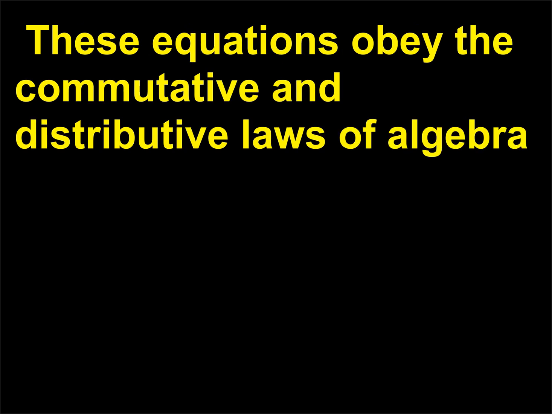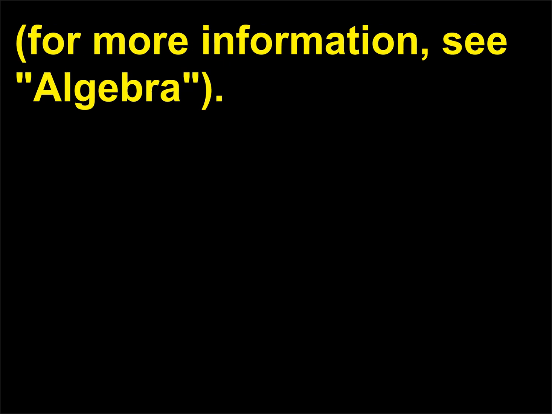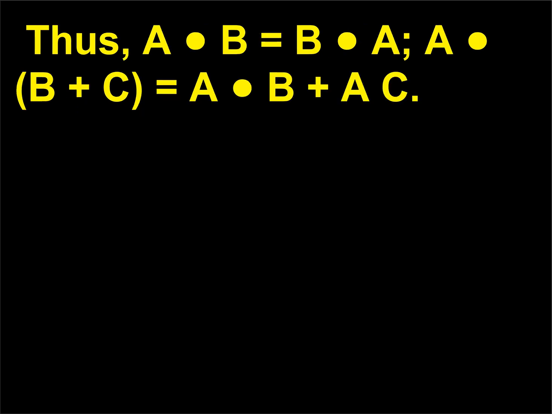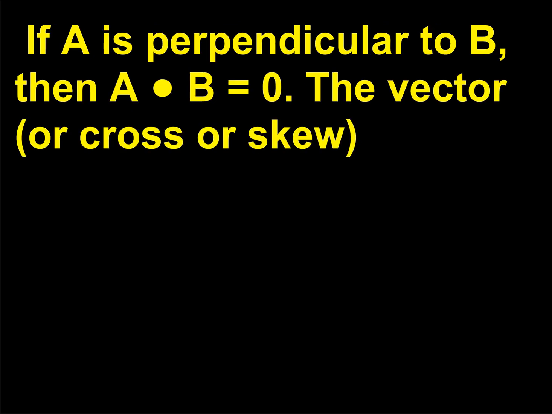These equations obey the commutative and distributive laws of algebra. For more information, see algebra. Thus, A·B equals B·A, and A·(B plus C) equals A·B plus A·C. If A is perpendicular to B, then A·B equals 0.